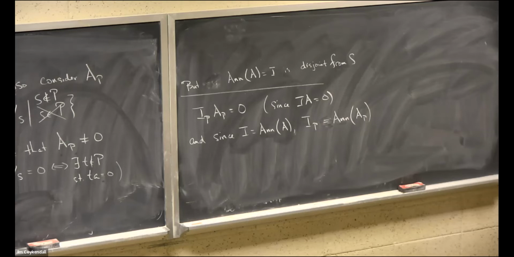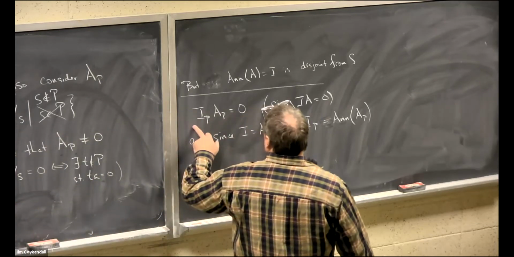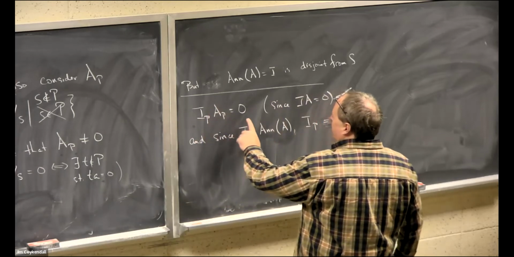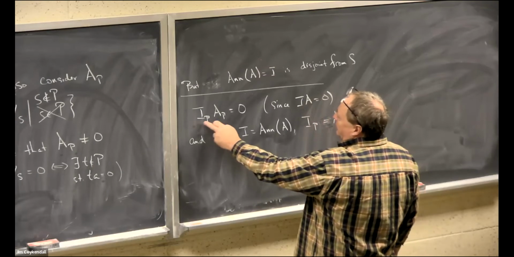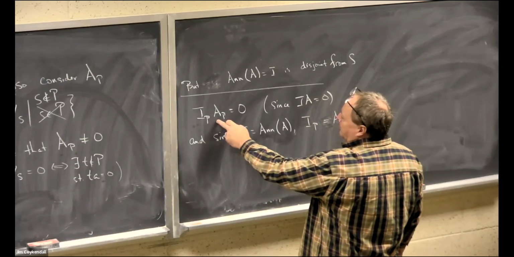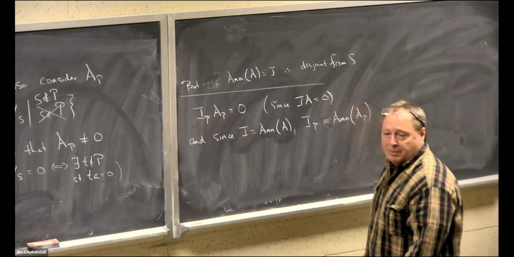Now, the next step is, what we've done is we've attempted to transfer this problem from just looking at a general Noetherian ring with the annihilator of A and pass to R localized at P. And things translate, that is to say, if I is the annihilator of A down at the R level, then IP is the annihilator of A localized at P at this level.